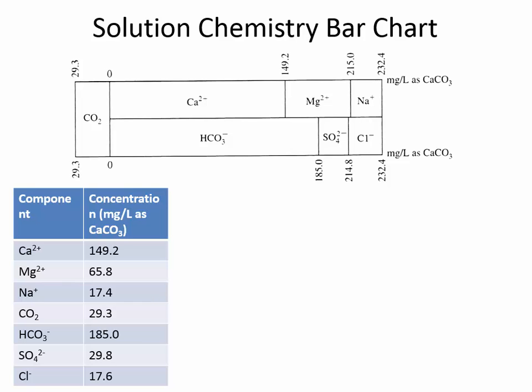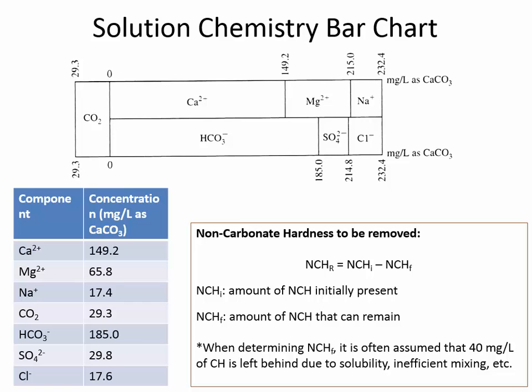So these bar charts are useful because they help us visualize where the hardness is coming from. Some of it's coming from carbonate sources, and some of it's coming from non-carbonate sources. In today's in-class exercise, you're going to have to find out how much non-carbonate hardness to remove. Now, you don't want to add any more chemicals than you have to, because chemicals cost money.